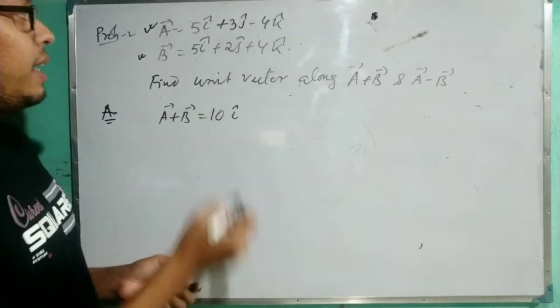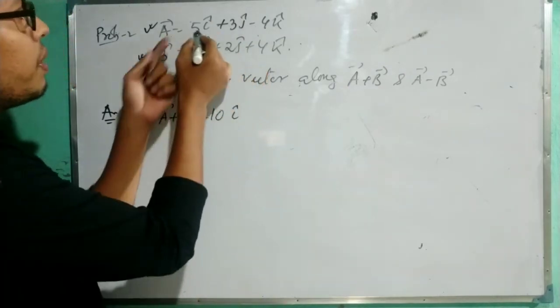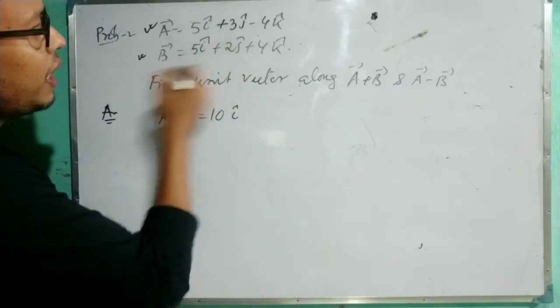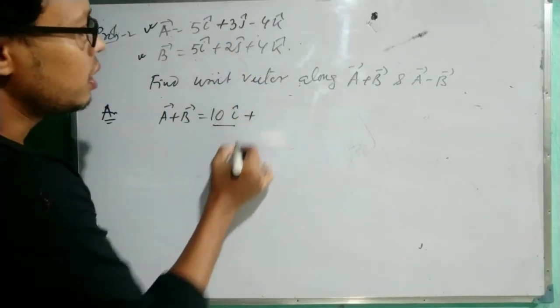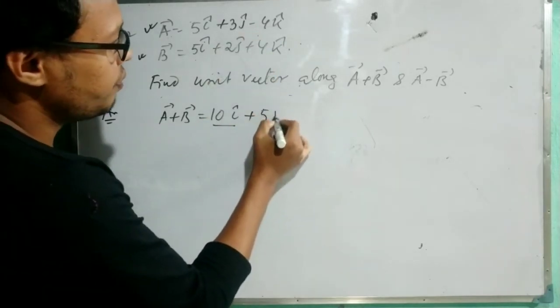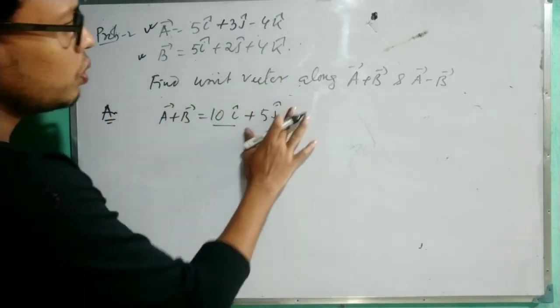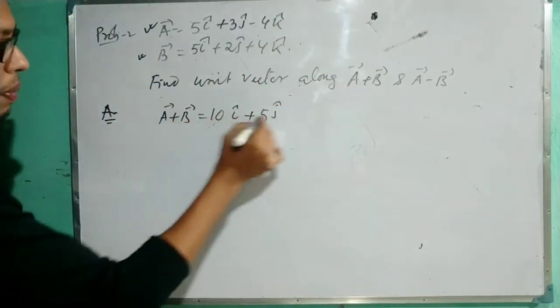Don't add i with j; you can add that for 5i plus 2j, then you have to write it. But as it is given 5i and 5i, we can write this as 10i. Similarly, it will be 5j, and minus 4k plus 4k will cancel. So that is A plus B.